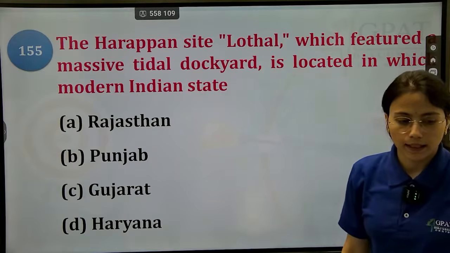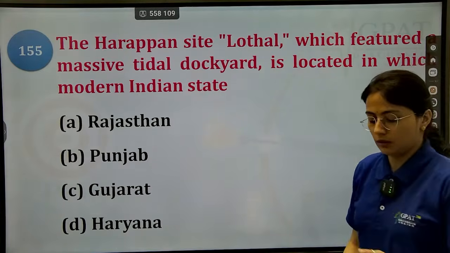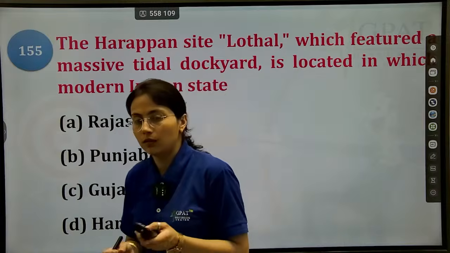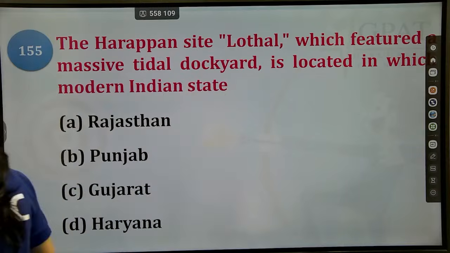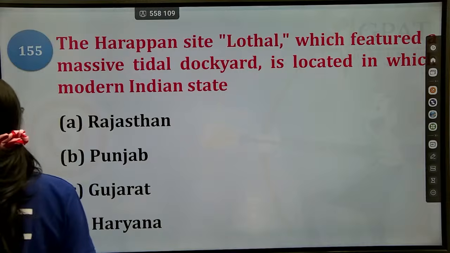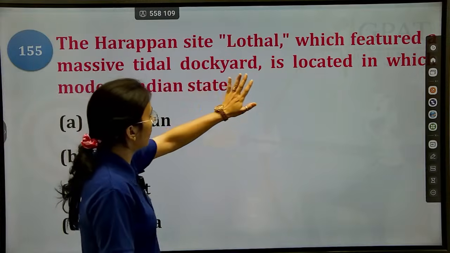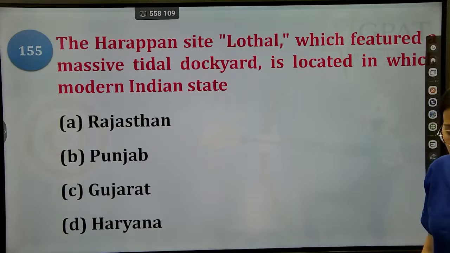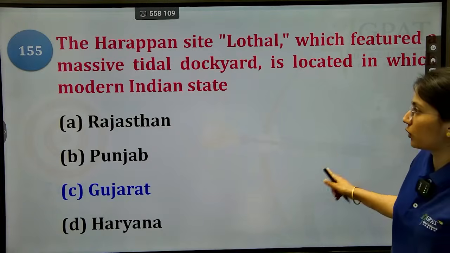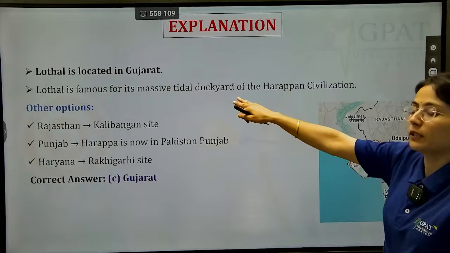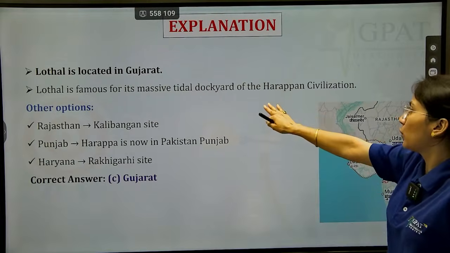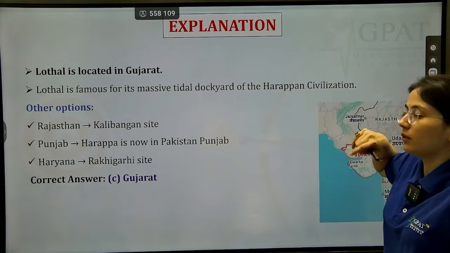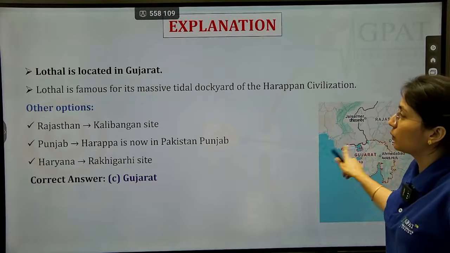The Harappan site Lothal, which featured a massive tidal dockyard, is located in which modern Indian state? The answer is Gujarat. So Lothal is famous for its massive tidal dockyard for the Harappan civilization. Okay, so that is Gujarat.